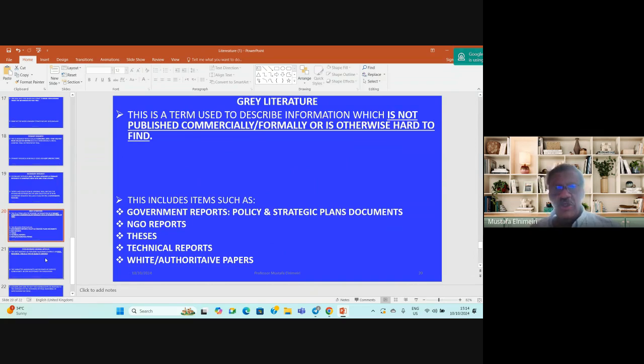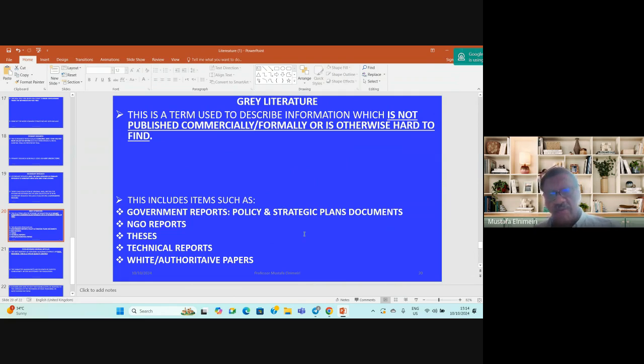The gray literature, this term is used to describe information which is not published commercially or formally, or is otherwise hard to find. We can list some examples, such as government reports, if we are talking about a national health policy document, for example, or strategic plan documents. These are gray literature that are not published commercially or formally.